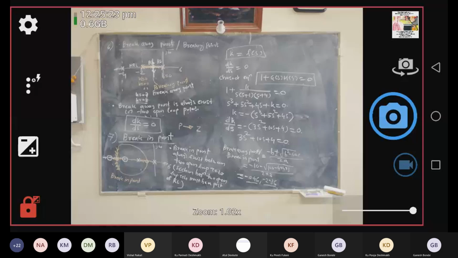While taking the example, it will be clear how to determine phi p. Okay, so the phi d will be given by 180 minus the angle of G of s into H of s.